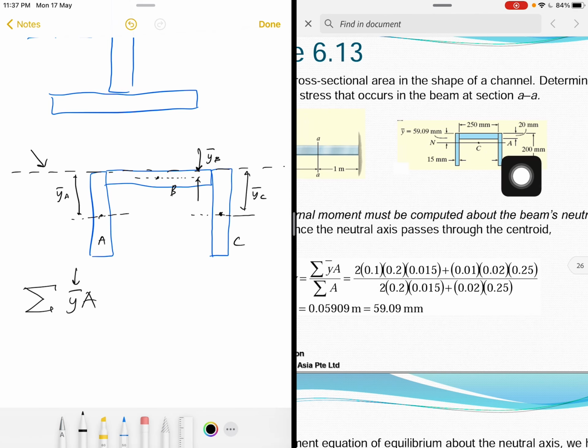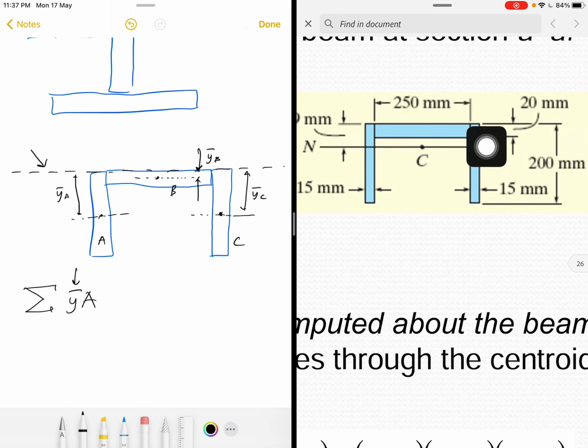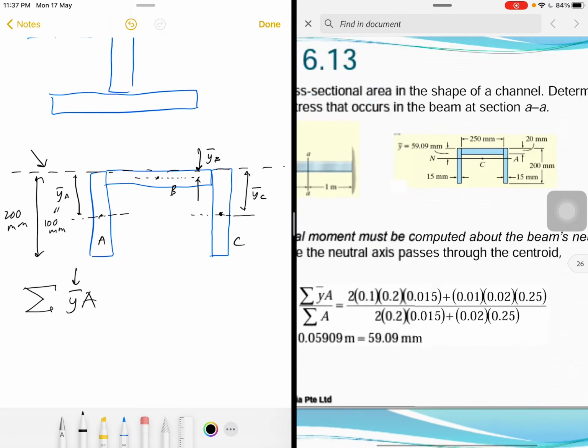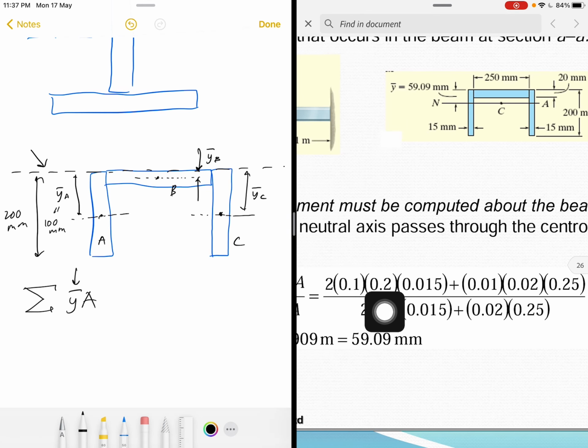0.1 is the y prime, which, if you look here, from the end to the middle. This length is 200 mm, so y prime is equal to 100 mm. Then 0.2 is the length and 0.015 is the thickness.